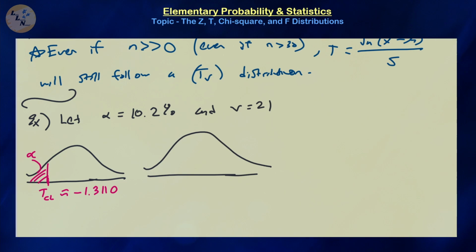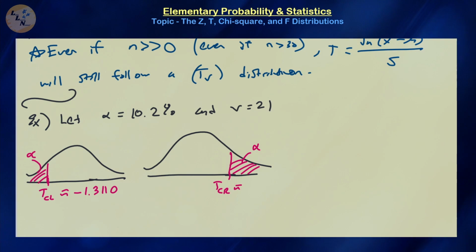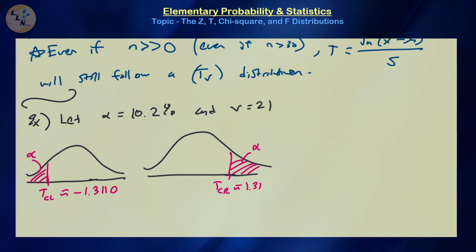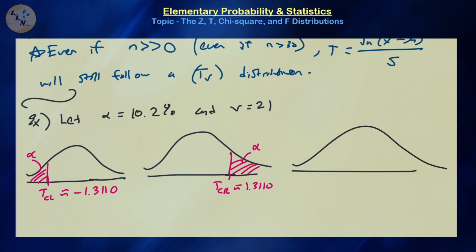Then we're going to have our right tail critical value, where alpha is in the right tail, so TCR. One can also show that the t distribution is symmetric, so that means that's also going to be equal to 1.3110. And then we're going to have our two-tailed critical values, right?